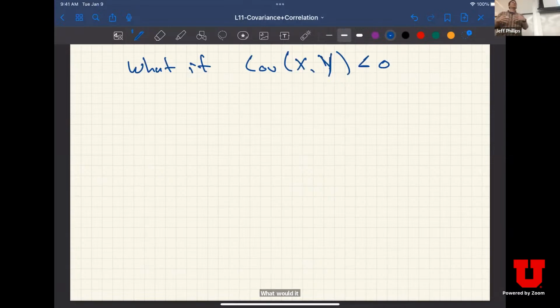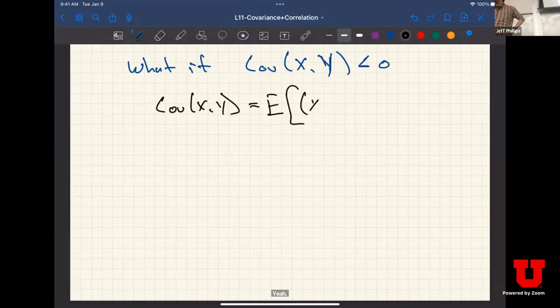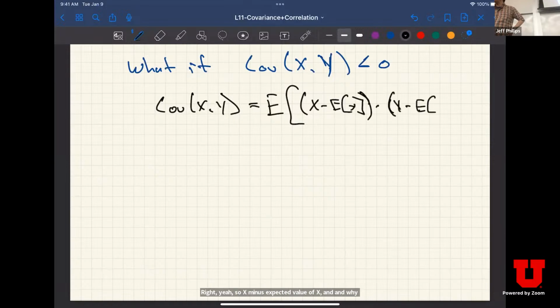Is that nonsensical, or does that have any intuitive meaning? Right, so x minus expected value of x and y minus expected value of y.